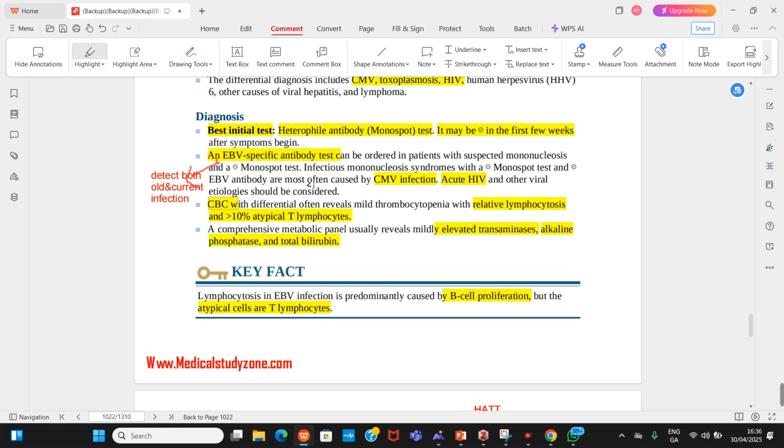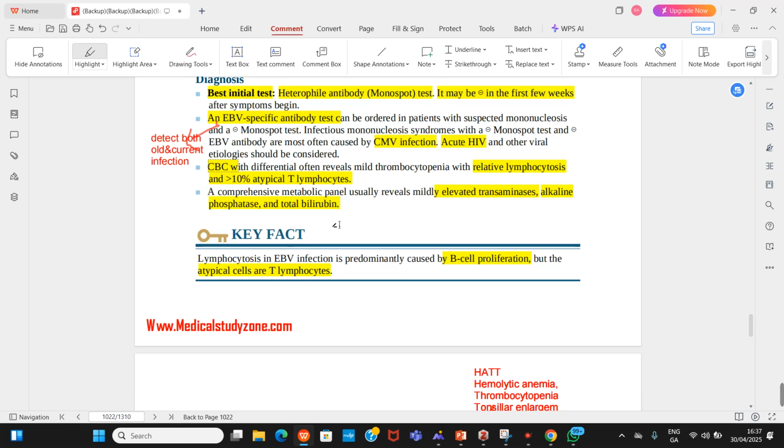The cells that proliferate in response to Epstein-Barr infection are the B cells, but to try to get rid of those B cells, the T cells become atypical. They differentiate into abnormally large, vacuolated T lymphocytes, which I'll call atypical T lymphocytes.